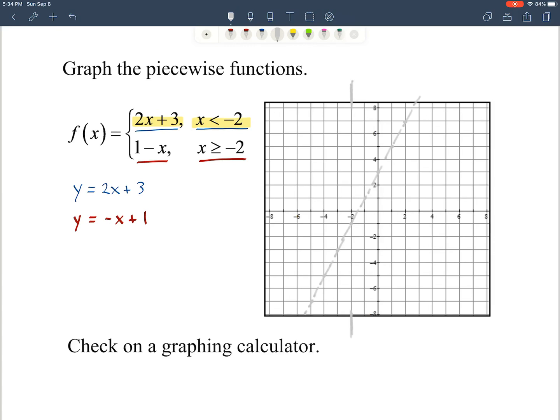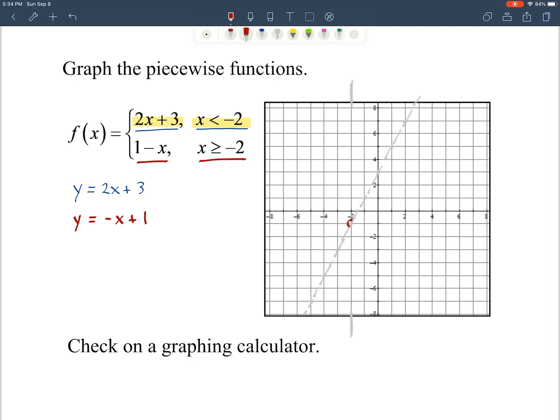However, the only part of it that we're actually interested in is from where x is negative 2 and less. Negative 2 is not part of the domain for that part of the function.